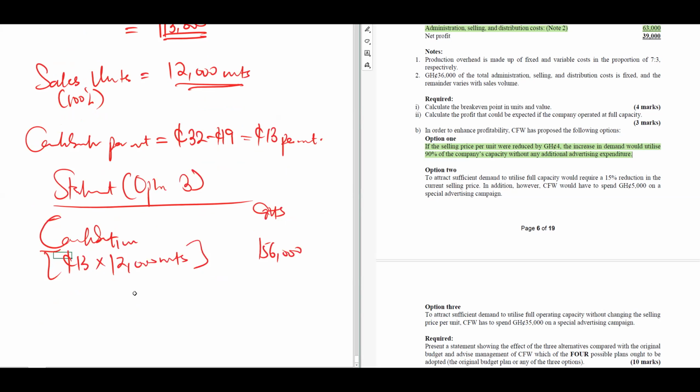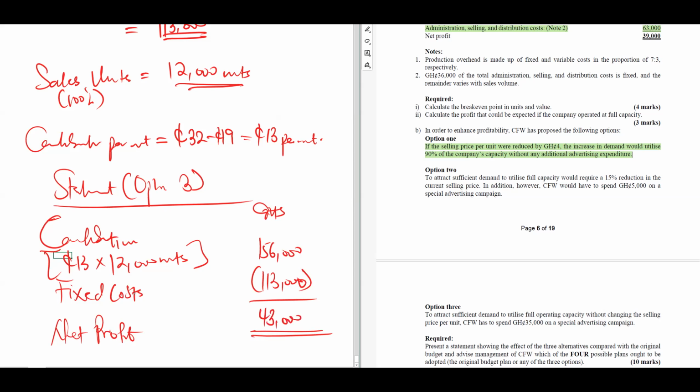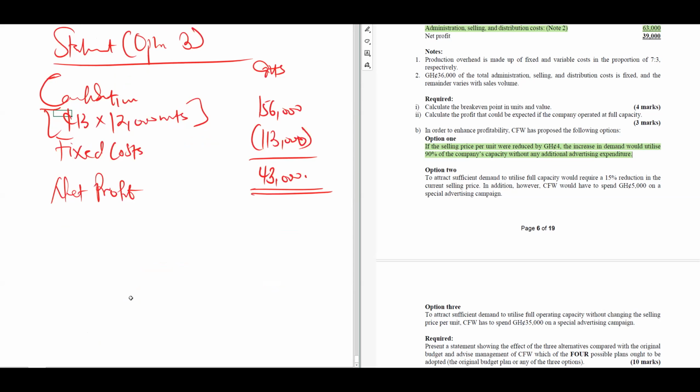And then we less fixed costs. How much is the fixed cost now? 113,000. So what's our net profit? 43,000.